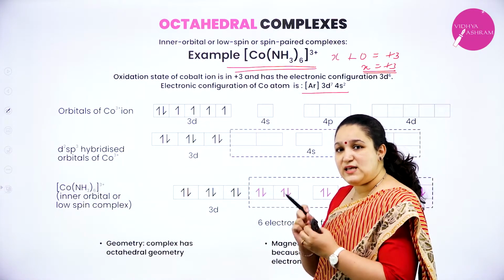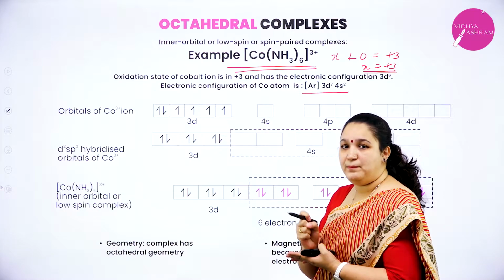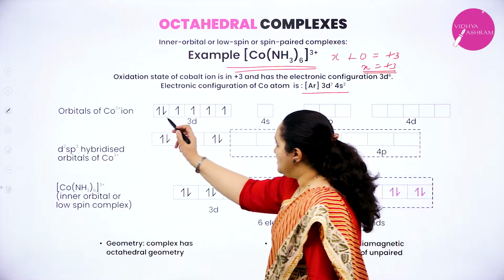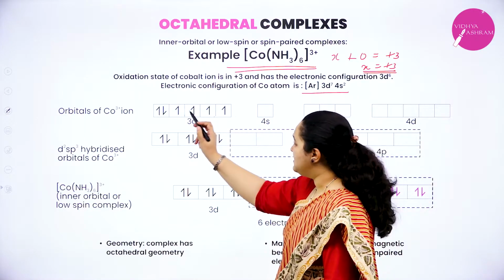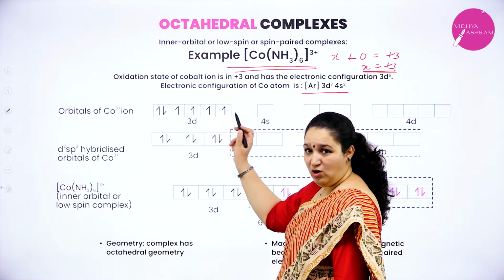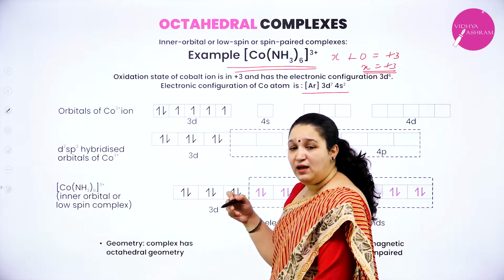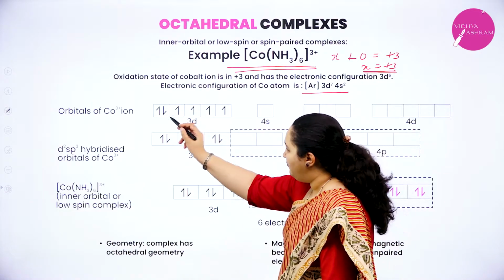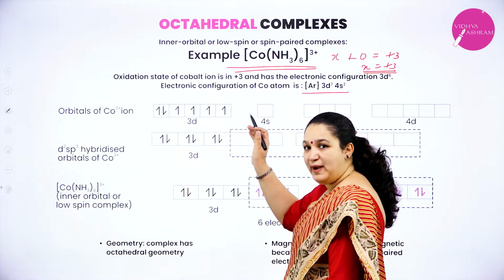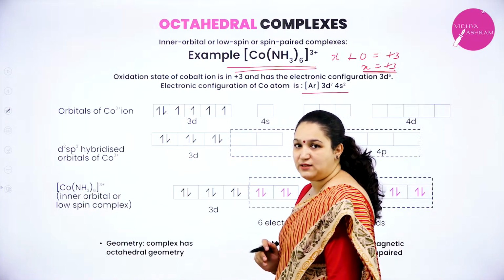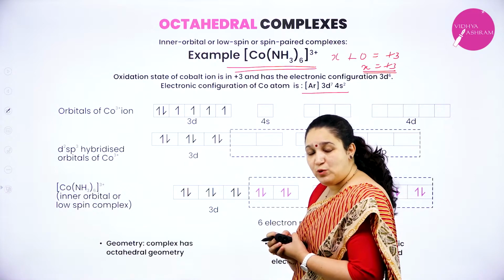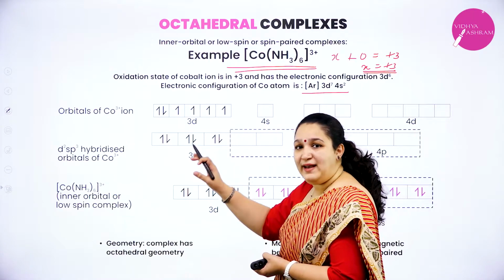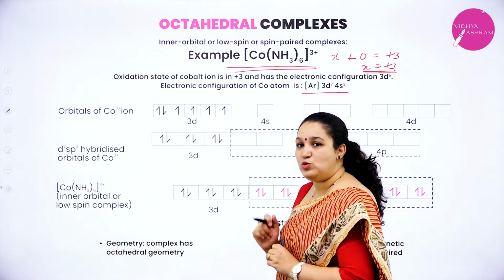When these ligands approach the cobalt plus 3 ion, the electrons which are singly occupied in the d orbitals will start pairing up against Hund's rule. What does Hund's rule tell? Every orbital should be singly occupied, and only then will the pairing start. But when the ligands approach the central metal ion, these electrons will start pairing up against Hund's rule.